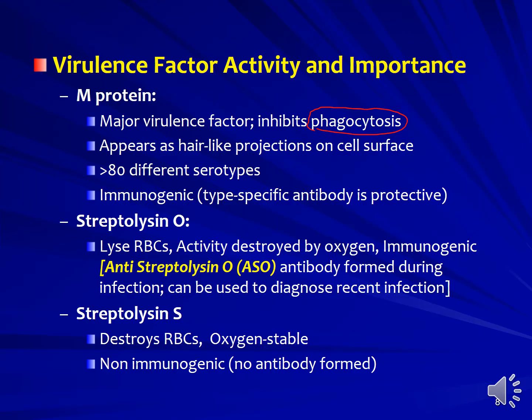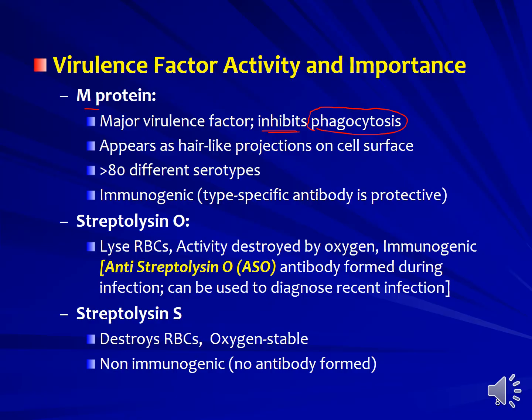This phagocytic cell, by means of phagocytosis, will try to eliminate the antigens which entered the body. So this M protein, which is present on the cell wall of this bacteria, will inhibit this phagocytosis and thereby allow the microorganism to survive in the body.